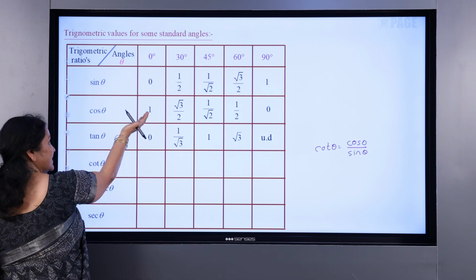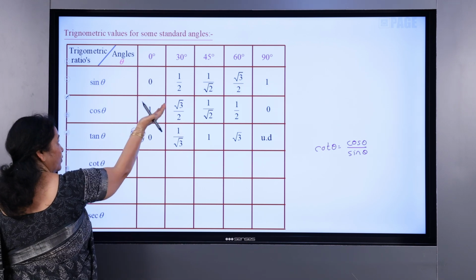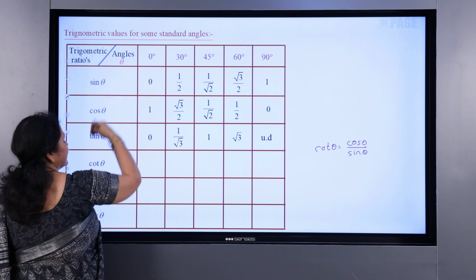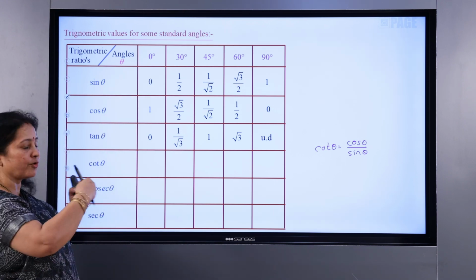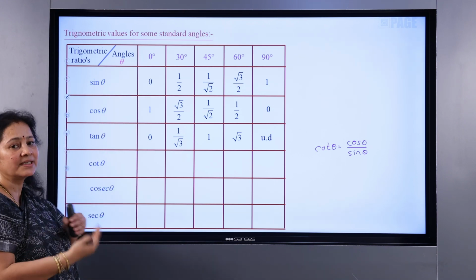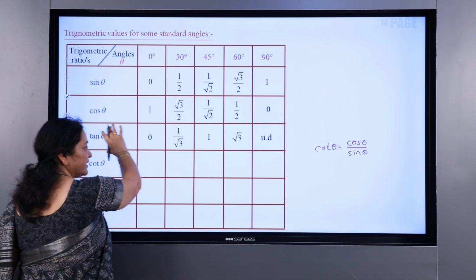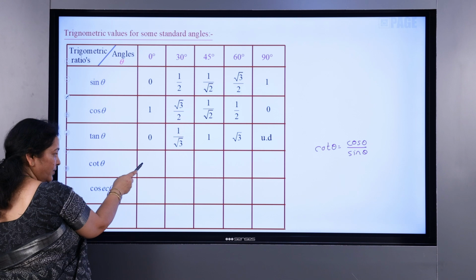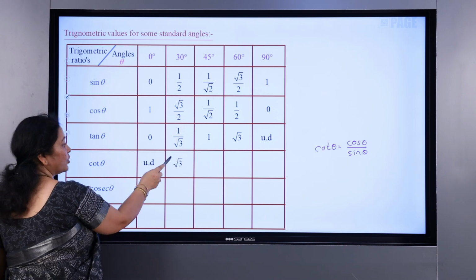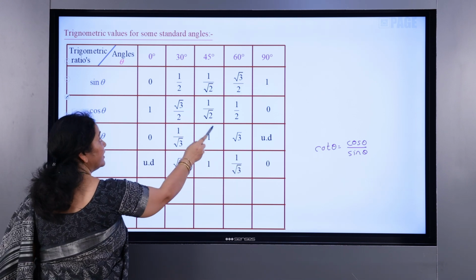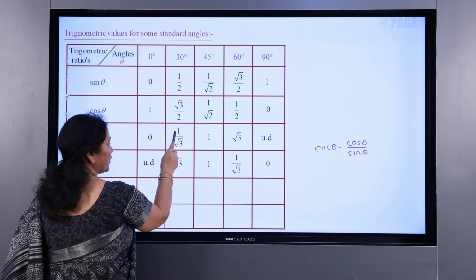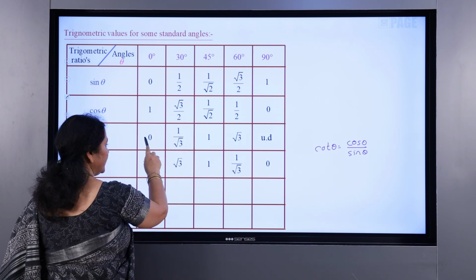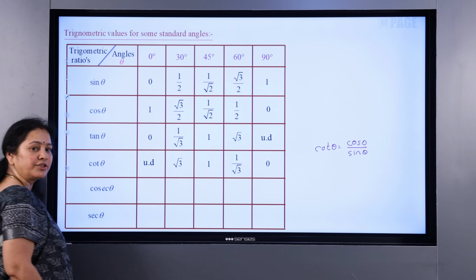So cot 0 degrees would be cos 0 by sin 0. You can calculate it that way for each of the angles. Or another easy way to remember, we have already written tan theta values. Just write them in the reverse order. So cot 0 degrees would be undefined, cot 30 degrees would be root 3, cot 45 degrees would be 1, cot 60 degrees would be 1 by root 3 and cot 90 degrees is going to be 0.